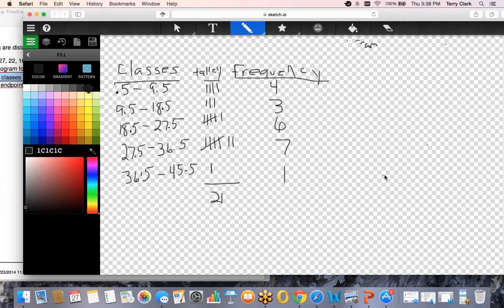Okay, so from here, we're going to go ahead and put our histogram together like that.